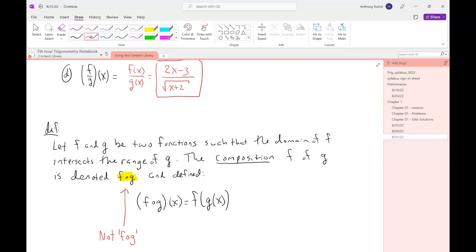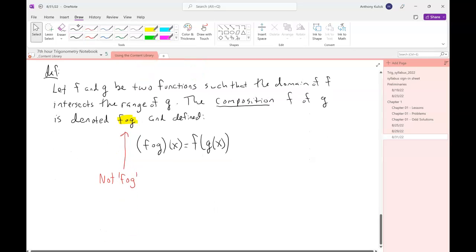We're not talking about the weather here. Everybody's clear? This is just Mr. Kulik's pet peeves. Okay? But for all of our clarity, we're not going to say fog. The way you read that set of symbols is f compose g. That little empty circle is read as the word compose, not fog. Okay?